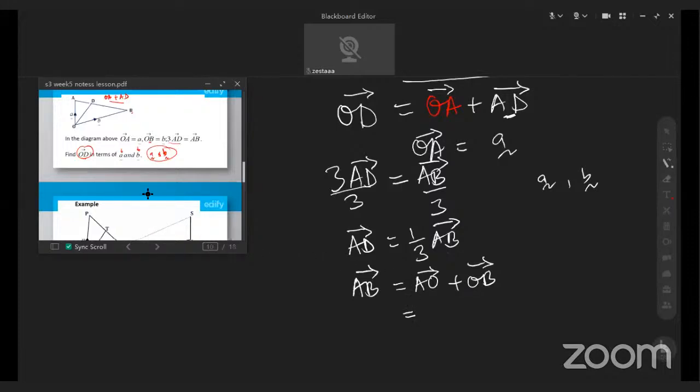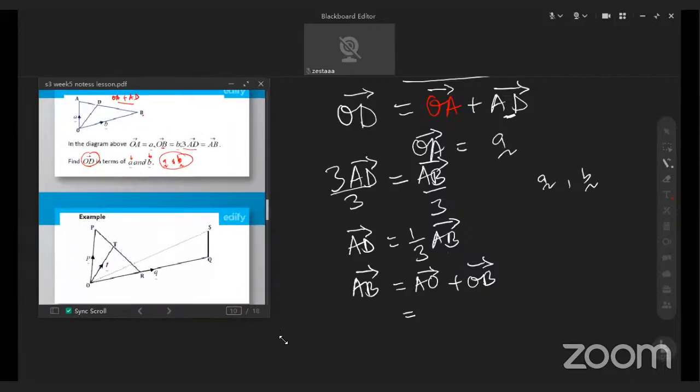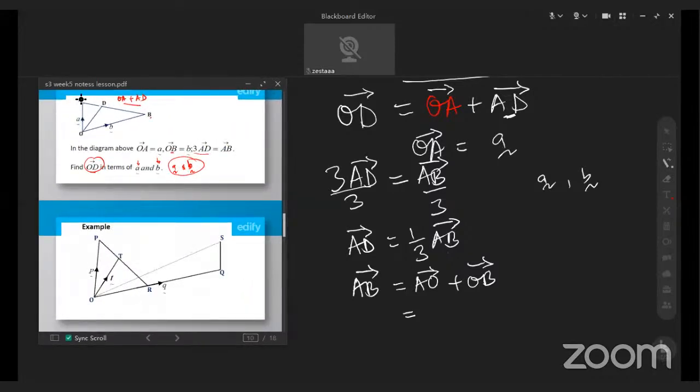So she's saying that for us to move from A to B, you are moving from A to O, then O to B. That's what you're saying. Okay. So someone to tell me what is AO?